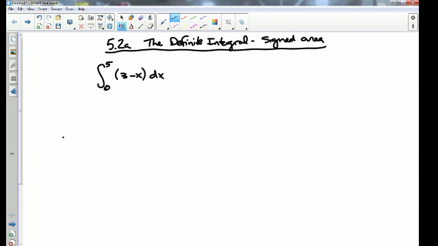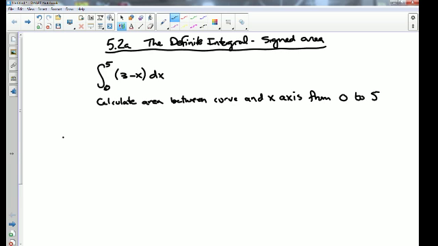If you were to verbalize this, it would be: calculate the area between the curve and the x-axis from 0 to 5.